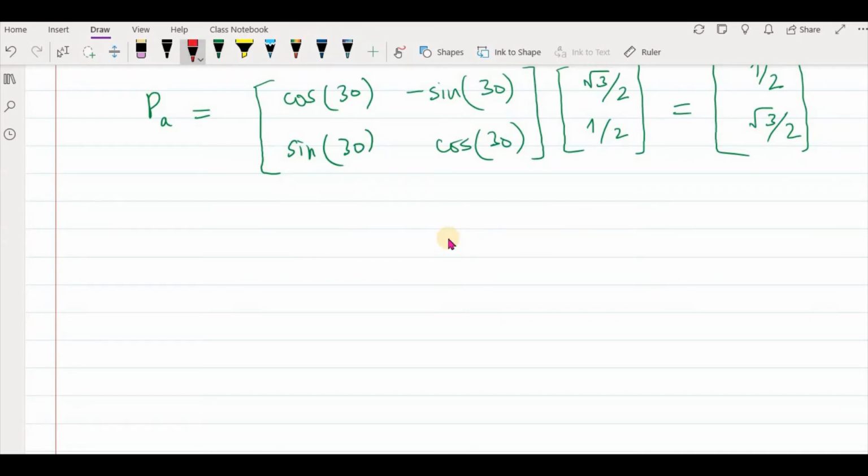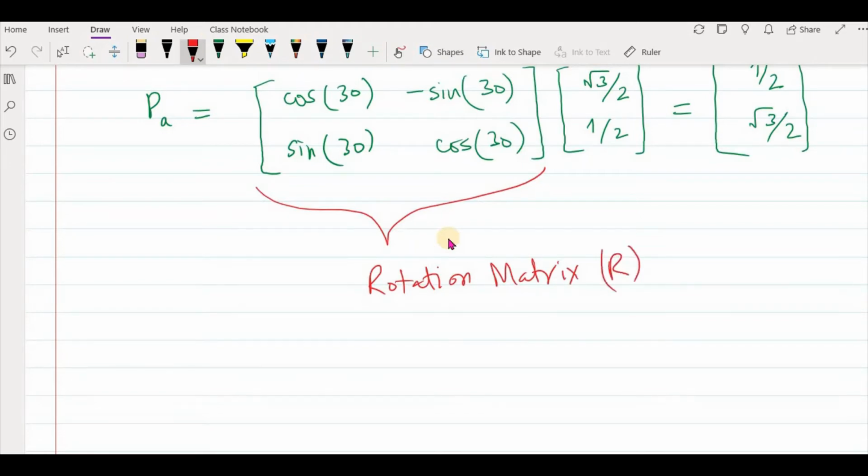So this was the rotation matrix R. If there is one more rotation, then you have to multiply one more time. You have to multiply this PA with R one more time. Okay, so your equation will look like this.